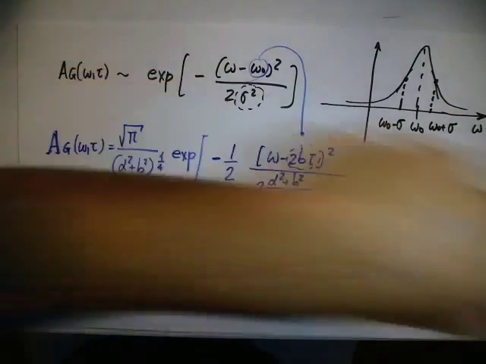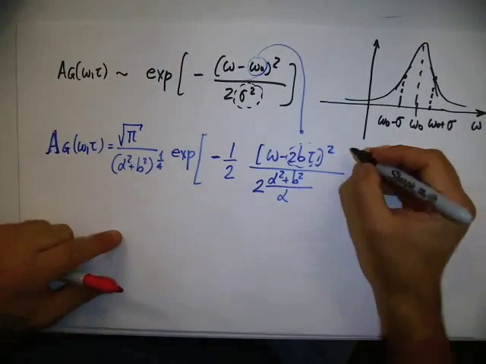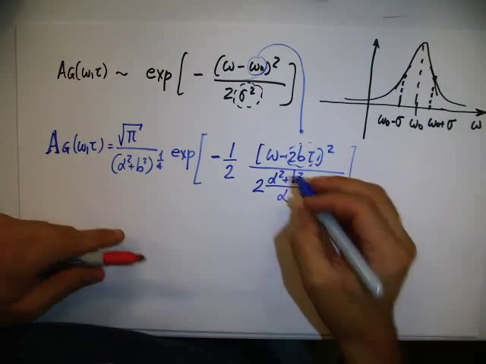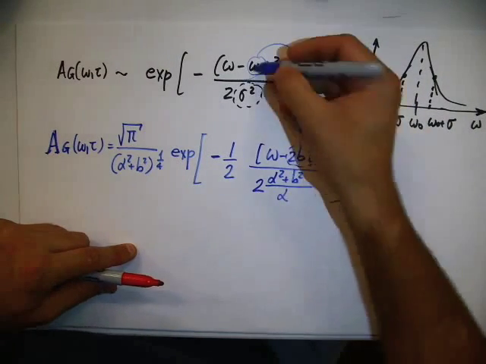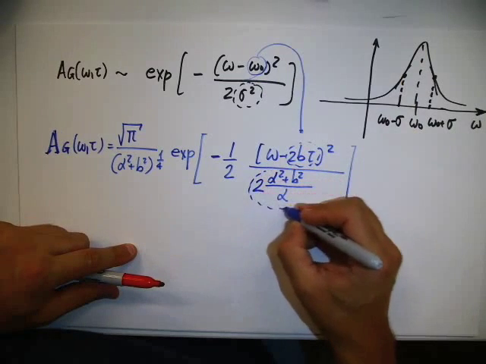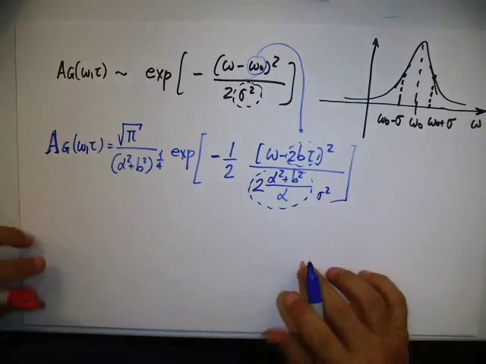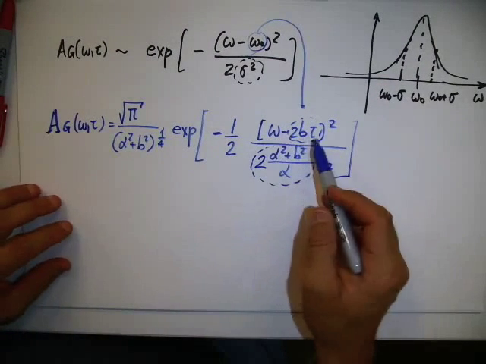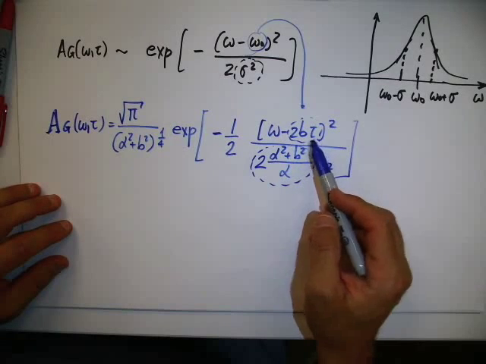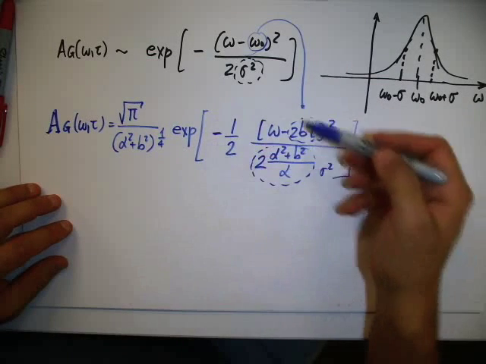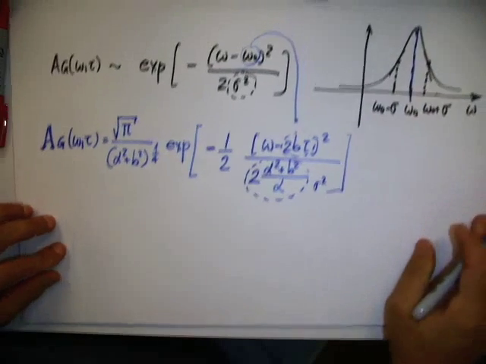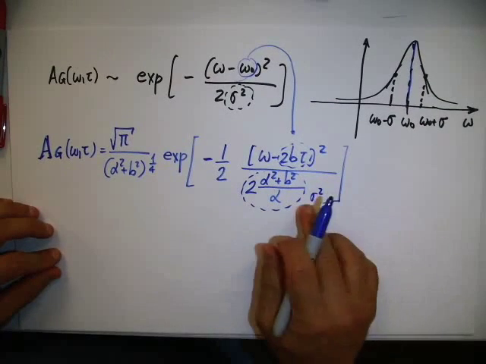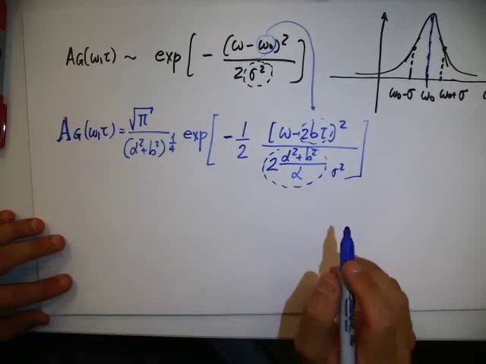So this is basically the width of our signal, of the Gabor transform. This is the mean value, omega naught. And this is the variance, basically sigma squared. Okay, so we have that when omega is equal to 2 beta tau, you get the maximum value of this exponential because it is centered at omega naught. And then as you move away from 2 beta tau, there is a spread given by this quantity sigma squared.